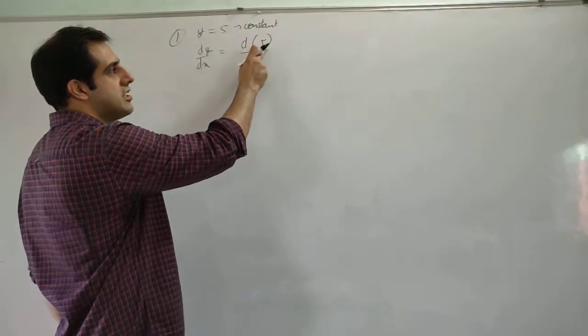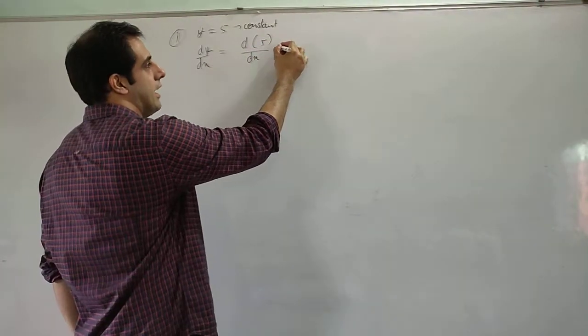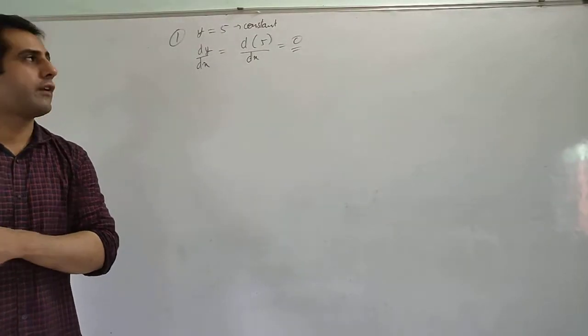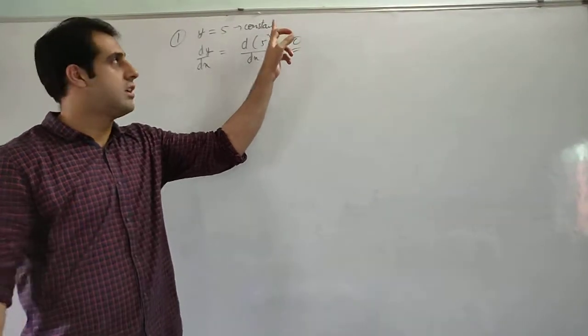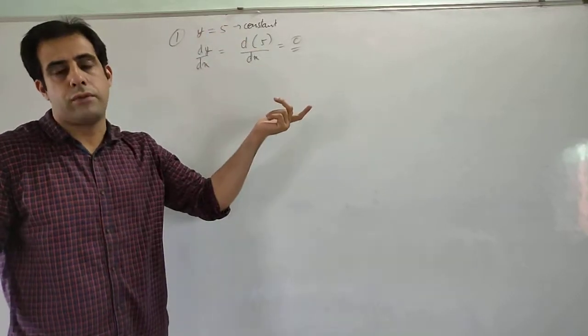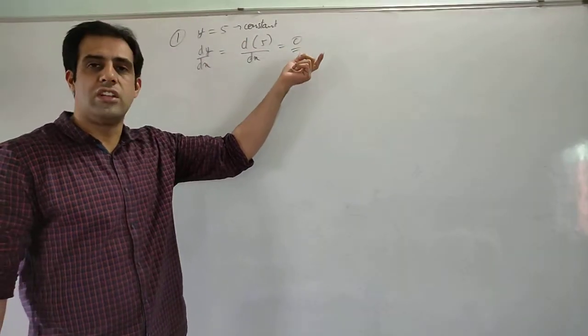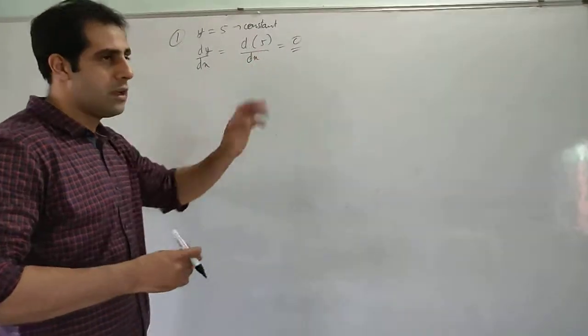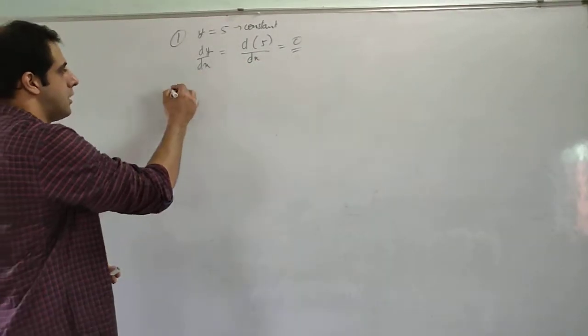So differentiation of 5 with respect to x will always be equal to 0, because no matter what the value of x is, the constant will not change. So there will be no rate of change of y with respect to x, because y is not changing. This is your first formula, first concept.